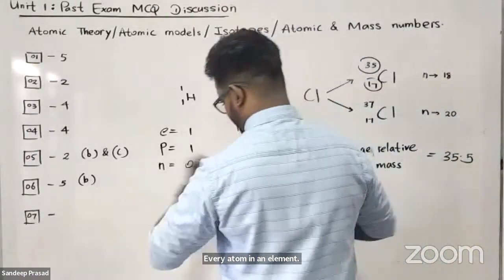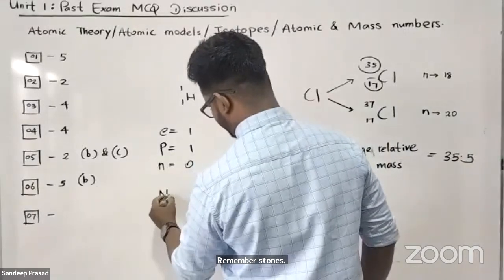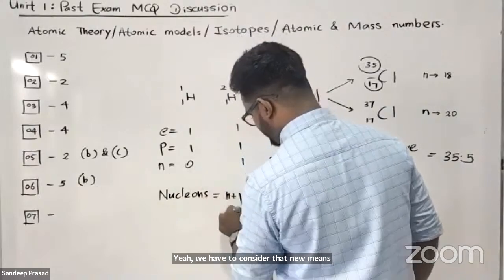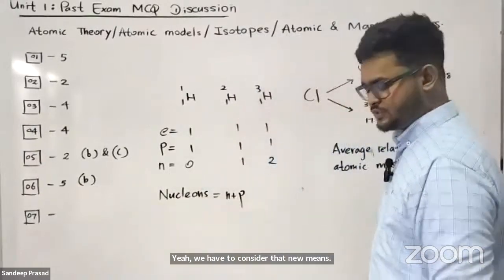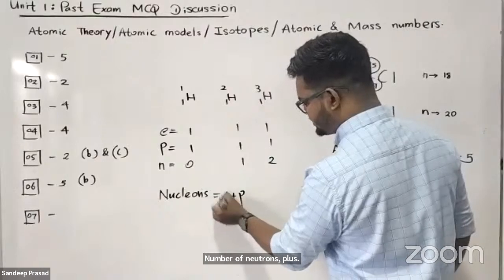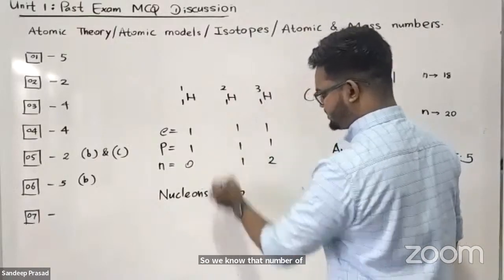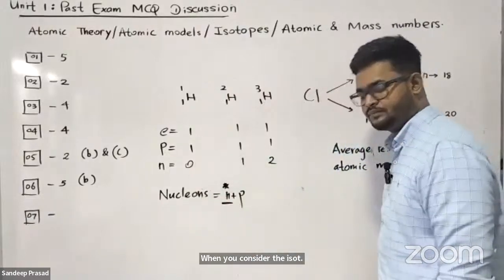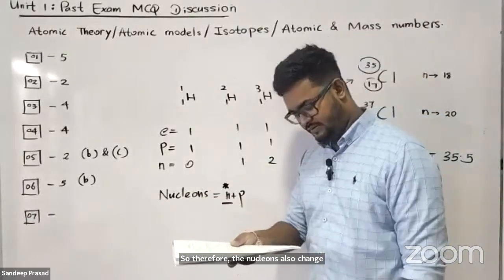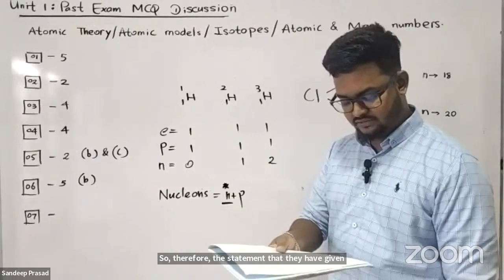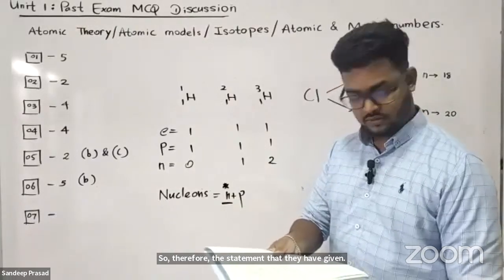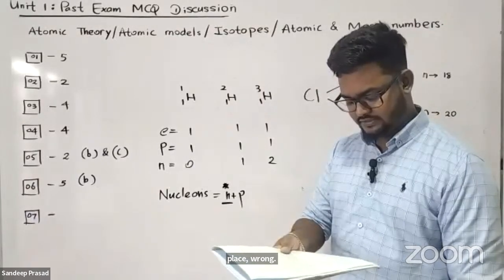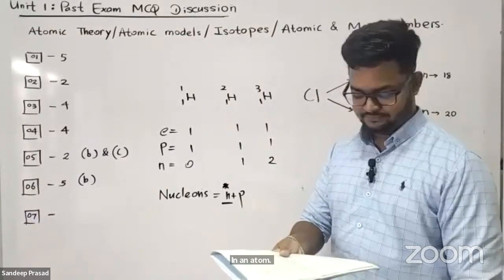Remember, students, nucleons means the number of neutrons plus protons. We know that the number of neutrons changes with isotopes, so the nucleon count also changes. So the statement that every atom in an element has an equal number of nucleons is wrong, right? In an atom, the atomic number is equal to the number of electrons it has.